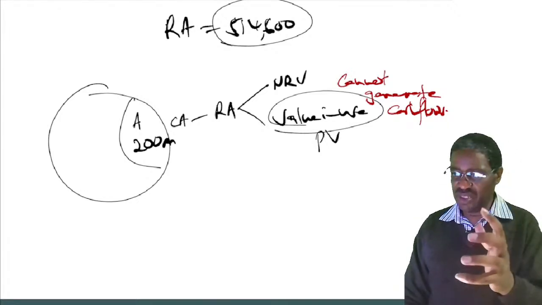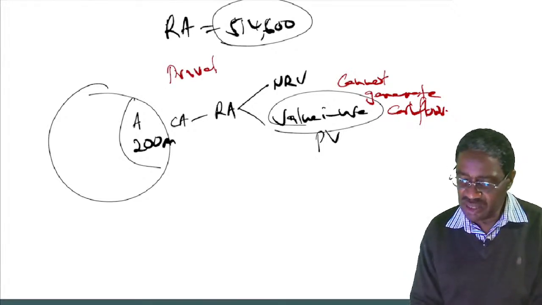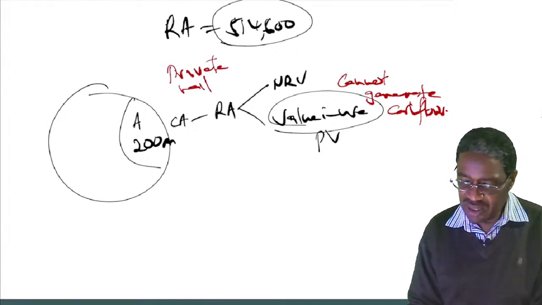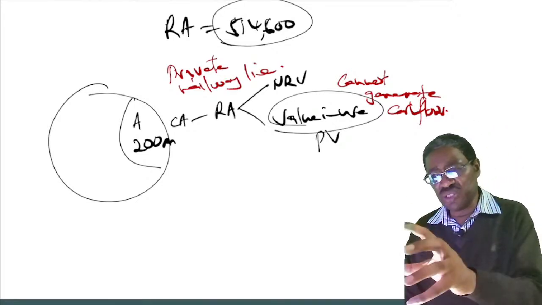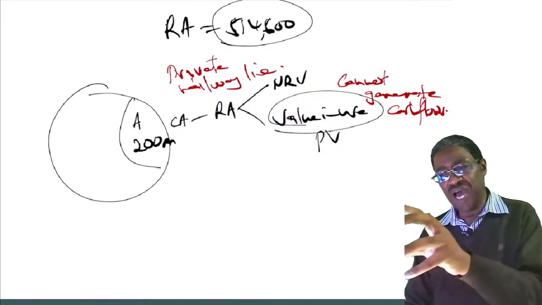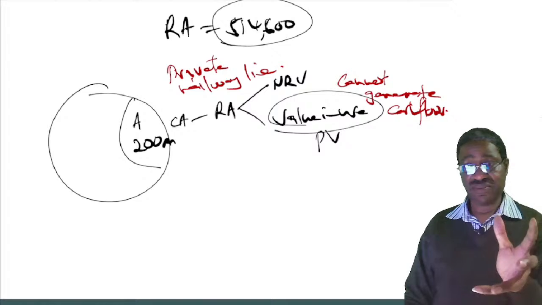This company normally has their own private railway line, which they normally use to transport the soda ash from the lake to the factory.